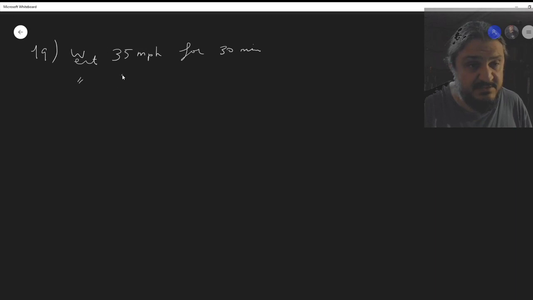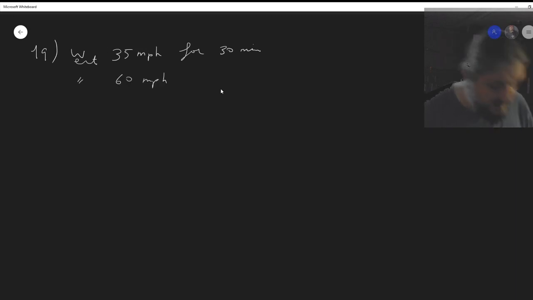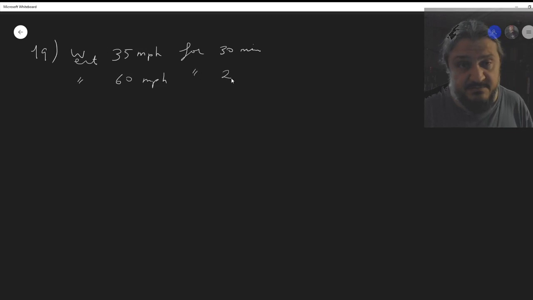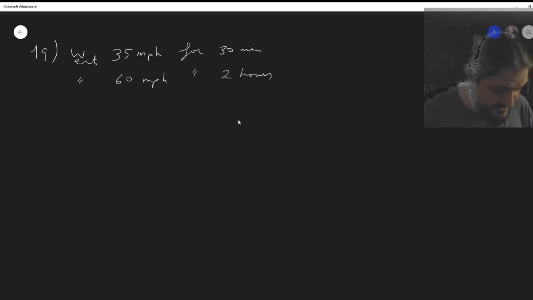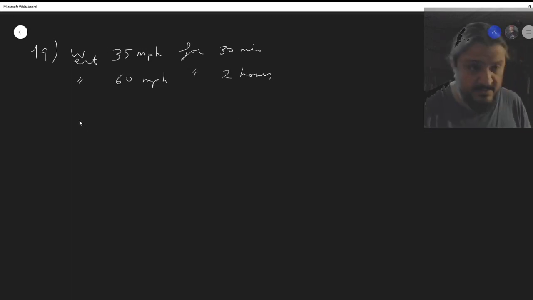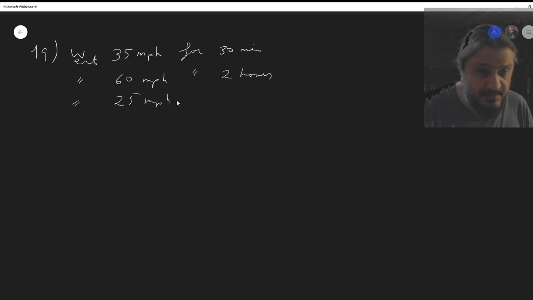So still west, 60 miles per hour for 2 hours. All right. And then drives farther west. Okay, same direction again. 25. It looks like it's one-dimensional motion. 25 miles per hour for 10 minutes.